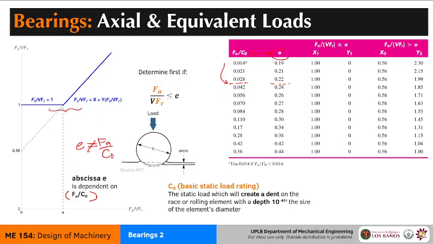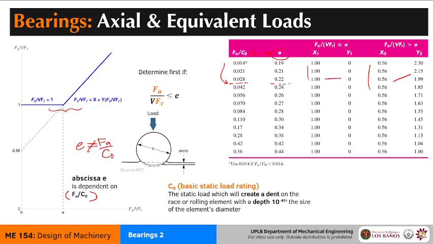So again, you use Fa over C0 to find out what value you should not exceed. From there, that will decide what form of equation you are going to use. So either you stay in the flat line, or you go to the linear part of the piecewise function.